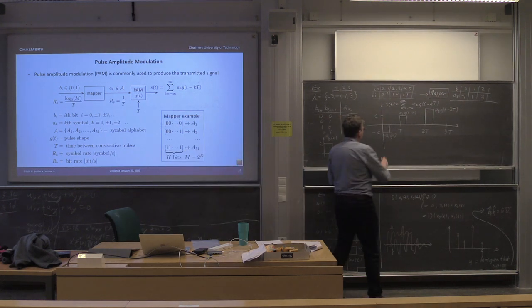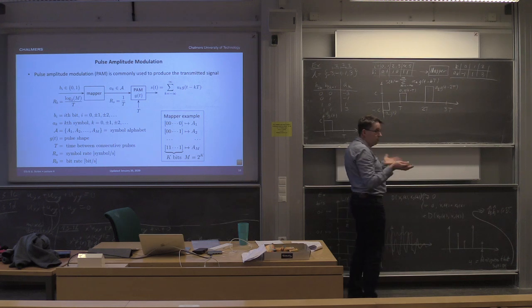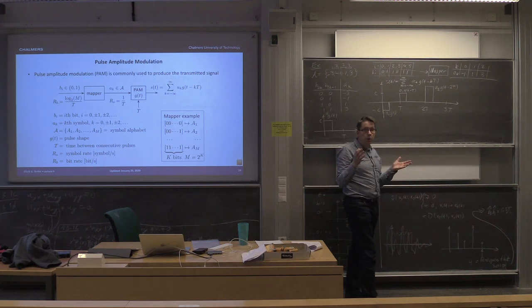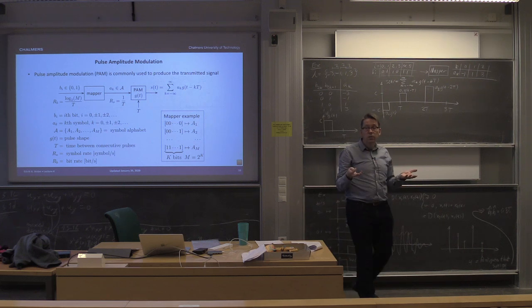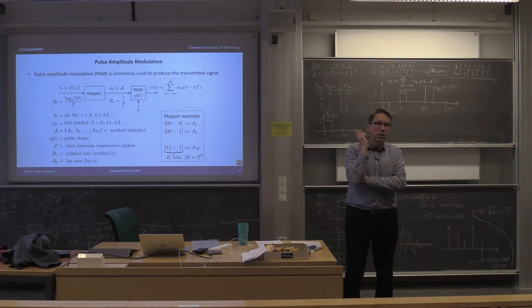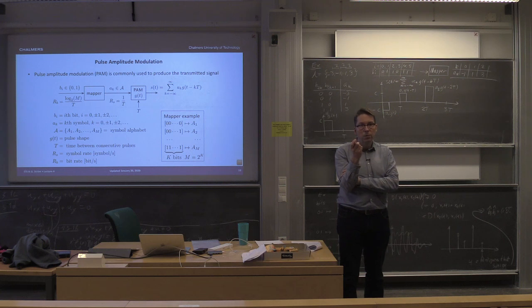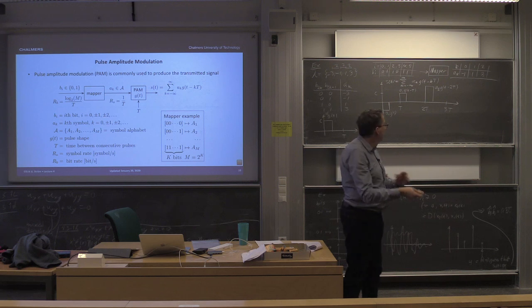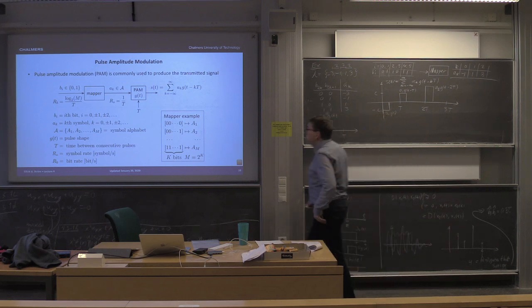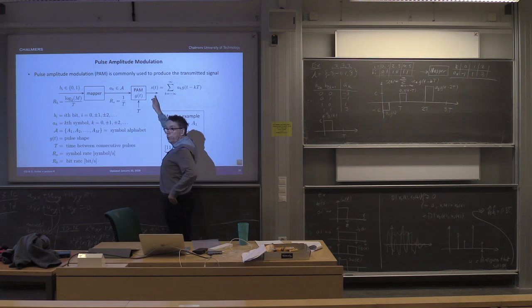Now, the second thing. So now we know pulse amplitude modulation, how it works. But something which is super important that we care about is data rate. So what is the data rate for this type of system? The easiest way to figure that one out is to go backwards.